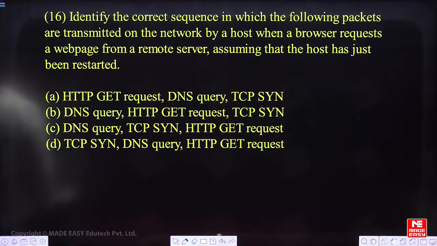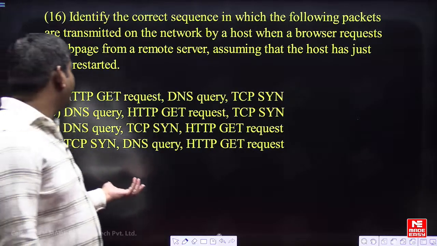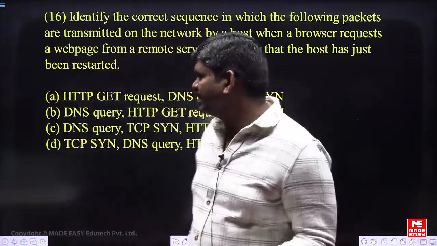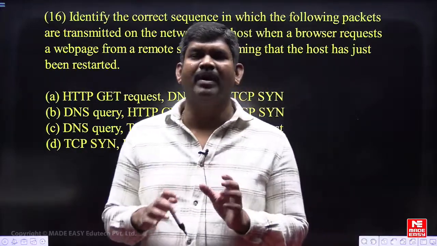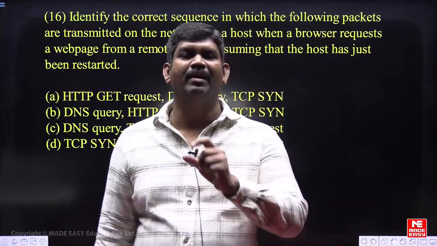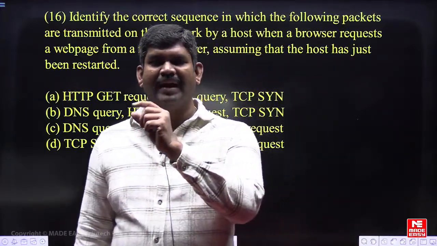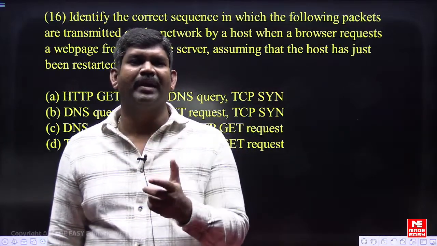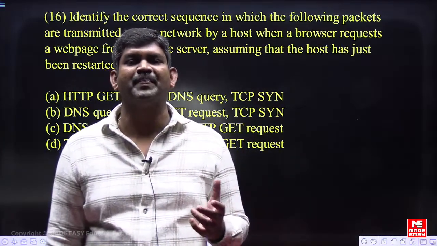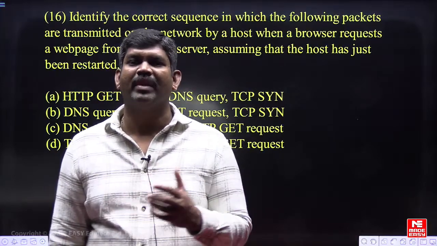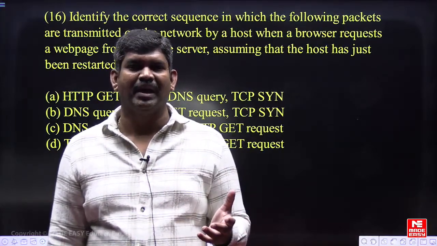Very good. See, the first important thing is the DNS query. Obviously, it's a DNS query. Why? Whatever URL you type on the web client browser, that URL will not go directly to the server. First, that query will go to your local router.